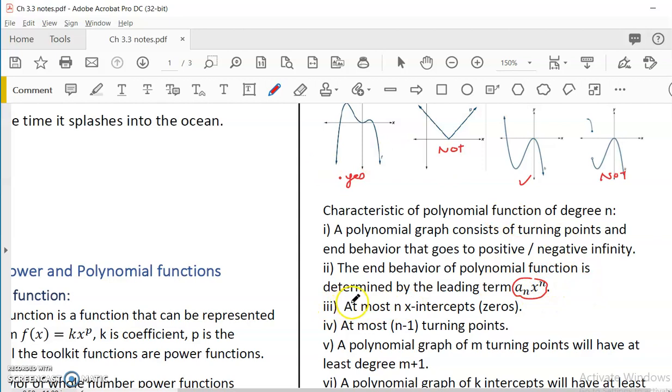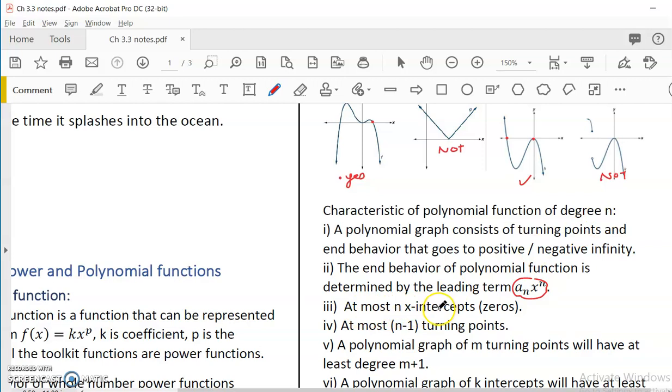Second, you can see that polynomial functions may have intercepts, right? This one is not. There's an intercept here, there's an intercept here. This one has 3 intercepts. If you look at the degree and the intercepts, they're related in that for a degree n polynomial, you have at most n x-intercepts.